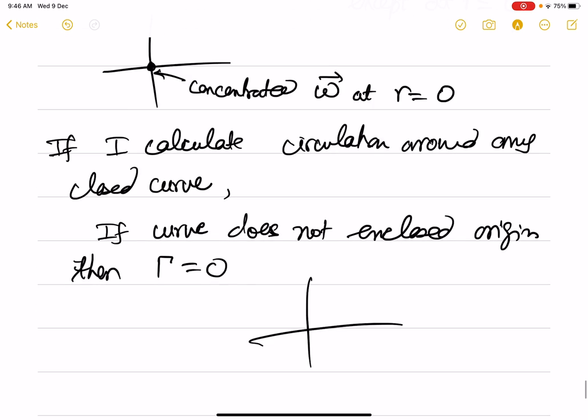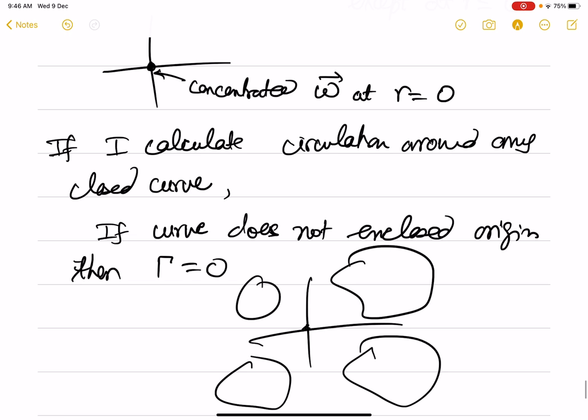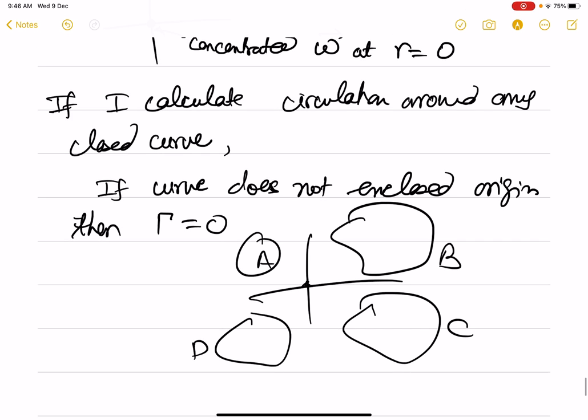So I choose some closed curves A, B, C, D. On these, if I calculate circulation, which is equal to the integral of Vt dot ds, this will be 0.